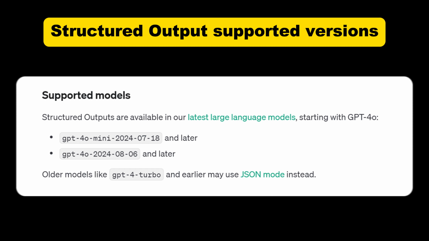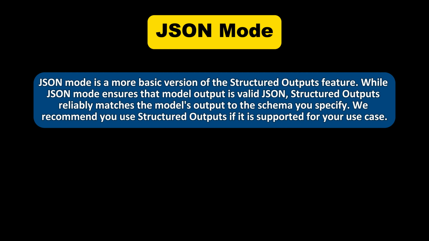Structured outputs are available in the latest large language models like GPT-4o Mini and later. Older models like GPT-4 and 3.5 don't support structured outputs, and if you're using one of those, you'll need to use JSON mode instead. If you're not familiar with JSON mode, think of it as a basic version of structured outputs.